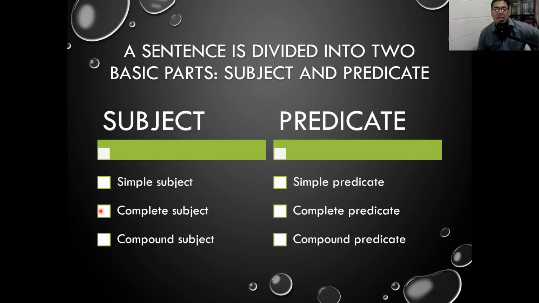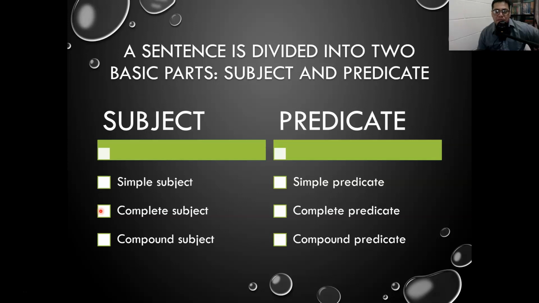Prepositional phrases may act as adjectives as well. So it could be one word that modifies the simple subject. If I say, the man is drunk. The man is drunk. "The" is modifying man. And just because of this, we have a complete subject, the man. And the simple subject is man.